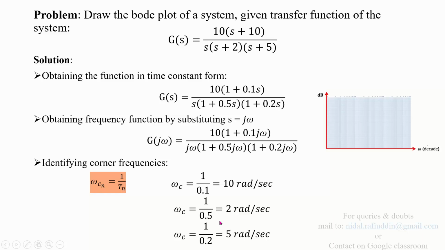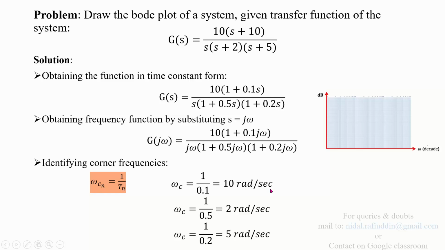Now, once we have obtained all the corner frequencies, the next thing is to identify which of them is smaller and which is larger. So we see that 2 is the smallest frequency, then 5, followed by 10.